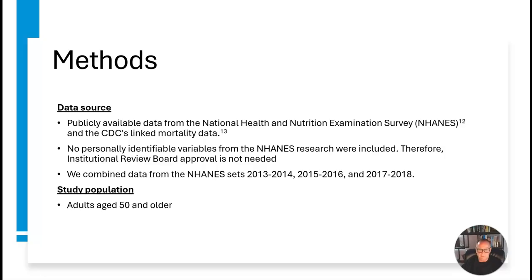So we not only had the descriptive variables, the diet variables, the cardiovascular disease variables, we also had the mortality variables all in one large data set. This study population was also reduced down to just looking at adults aged 50 and older.